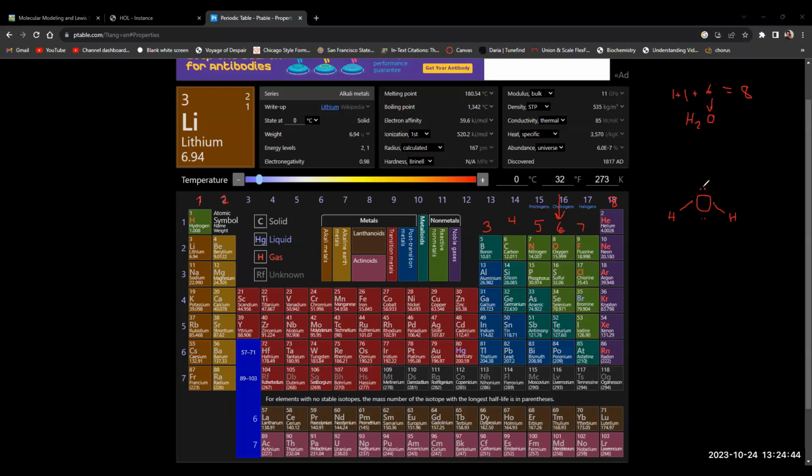Let's count. 2, 4, 6, 8. Oxygen has its octet. Hydrogen has its two electrons. Hydrogen also has its two electrons on the other side. Everyone's happy. That's our structure. Everyone with me so far?